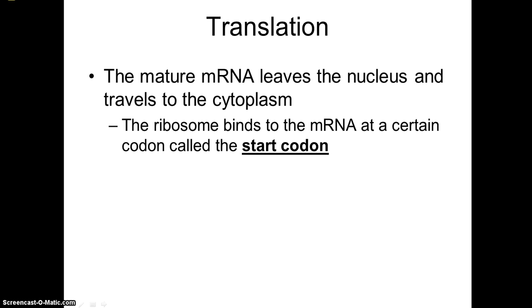Just like in transcription, the RNA polymerase needed to know exactly where to start. Well, here it's called the start codon. The ribosome binds the mRNA at a certain codon called the start codon. In every single mRNA, for every single creature that's been studied, in people, or in fruit flies, or in bacteria, or in plants, the start codon is always an A with a U with a G.